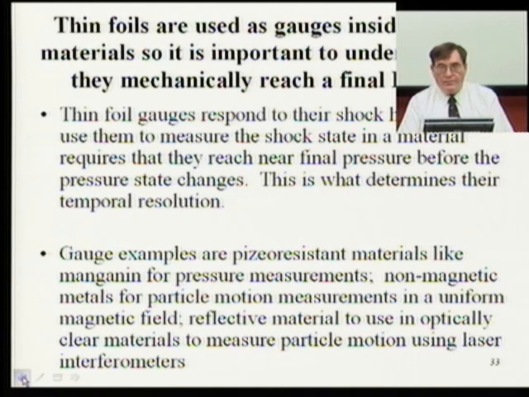It would be okay if it's in between two plates because it will ring up, but then you have to allow, typically the rule of thumb is 3.5 reverberations, and it gets to about 90% of the pressure it's going to reach. But that's sort of the time for the gauge. So if you want to do nanosecond gauges, you're going to have a problem. You just really can't do that. You have to go to optical techniques.